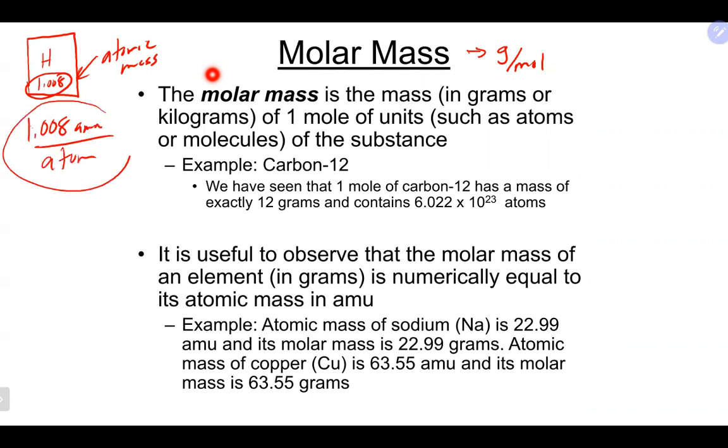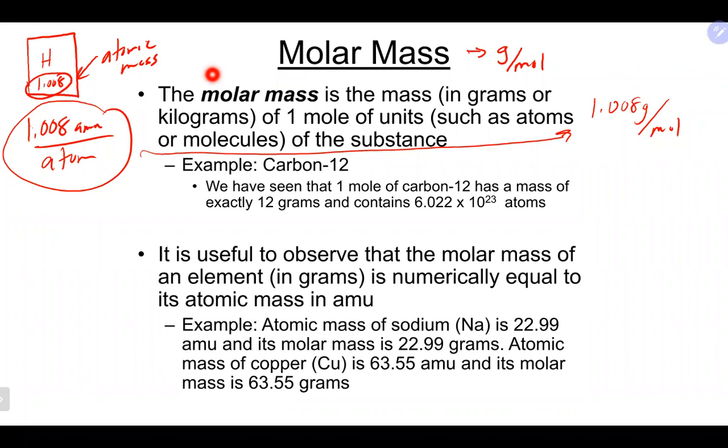Numerically speaking, we could turn this into the molar mass by using really the same numbers. It is numerically the same, 1.008 grams per mole. And once again, the number stays with the grams, and it's always 1 mole.